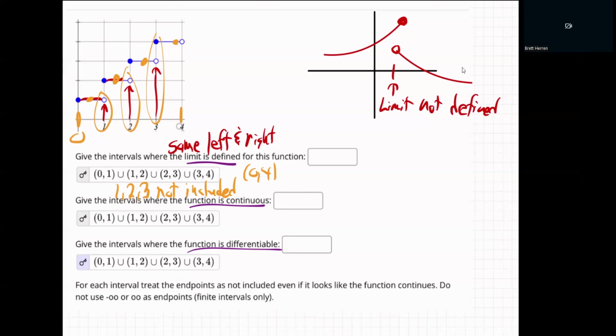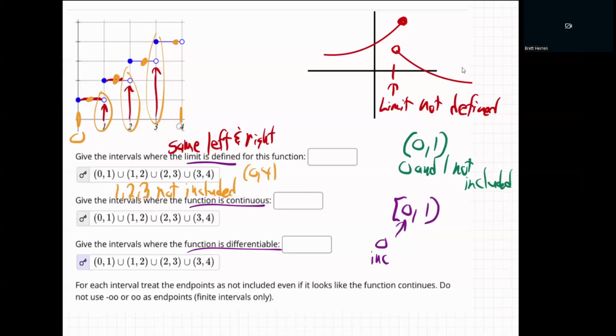Now, are you clear on interval notation? If I write an interval like (0, 1) with parentheses, that means 0 and 1 are not included. Parentheses do not include the edges. Whereas if you write 0 with a bracket and 1 with a parenthesis, that means 0 is included and 1 is not included.